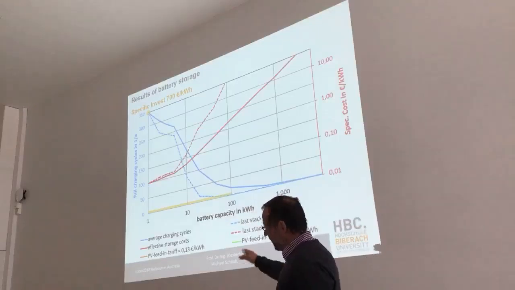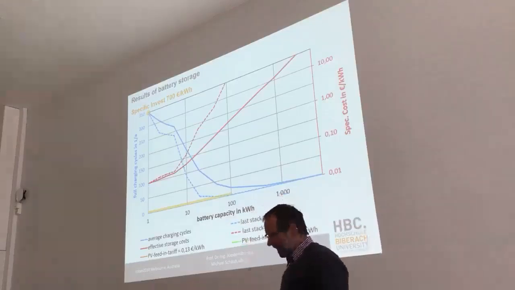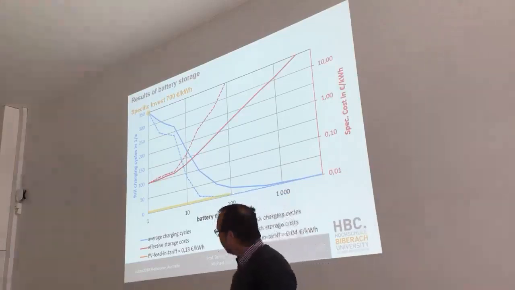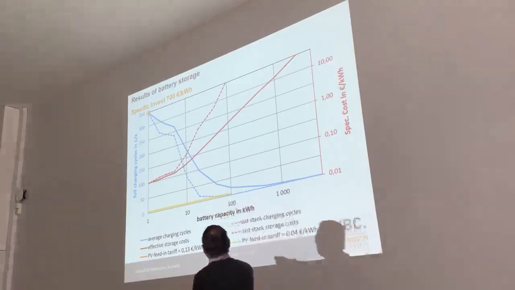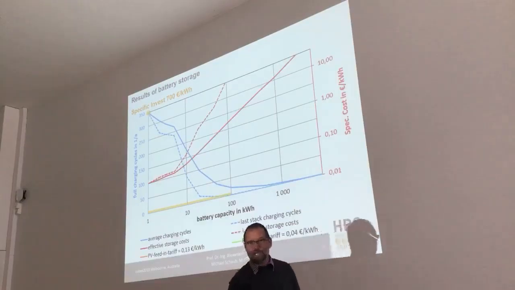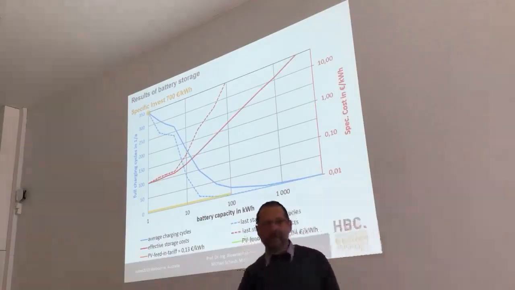But if you increase your battery capacity, the full charging cycles go down. For example, with a battery capacity of 10 kilowatt hours, you just get about 180 full charging cycles a year.